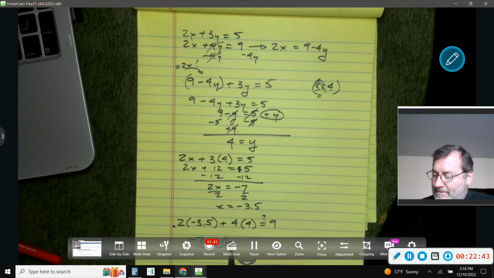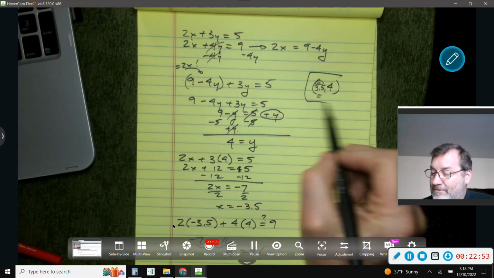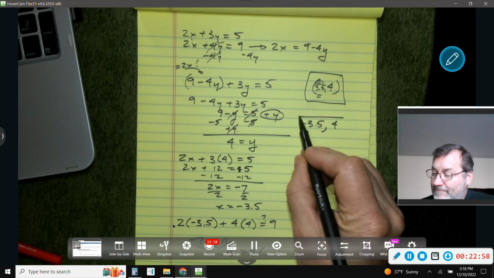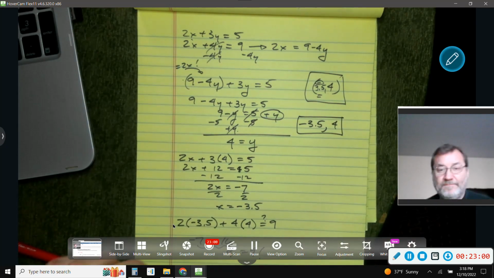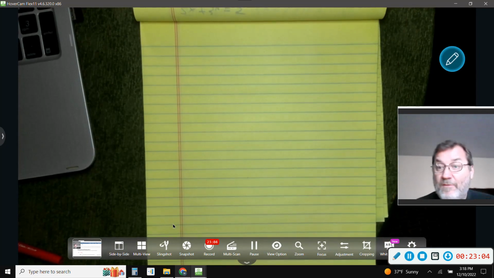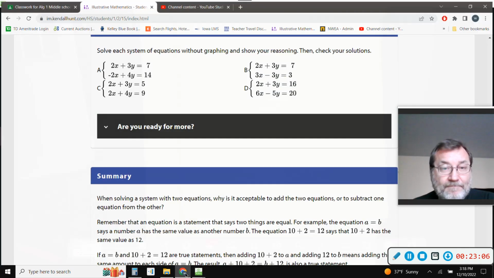That's like 16 minus 7, or negative 7 plus 16, however you want to think of it. That does equal 9. So 9 does equal 9. So we just got done showing it, and this is your solution: negative 3.5, comma 4. That's the solution for that equation. And again, that was substitution, the way we did that one.